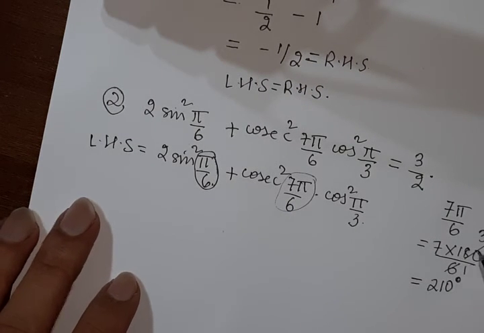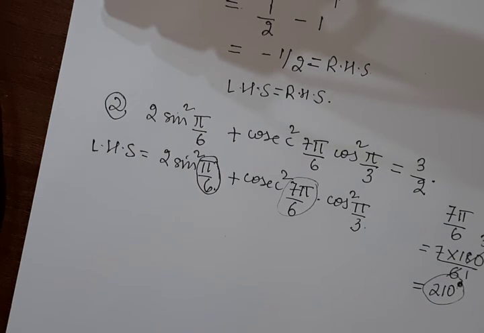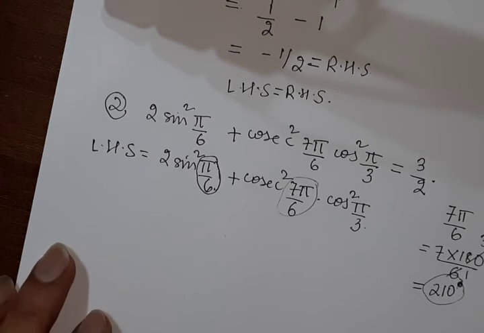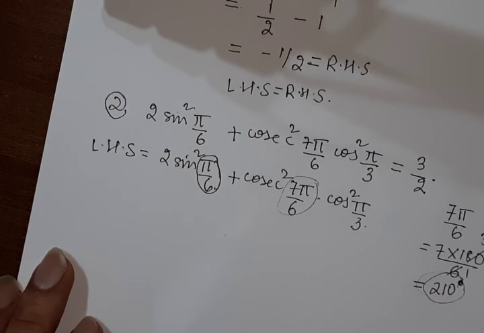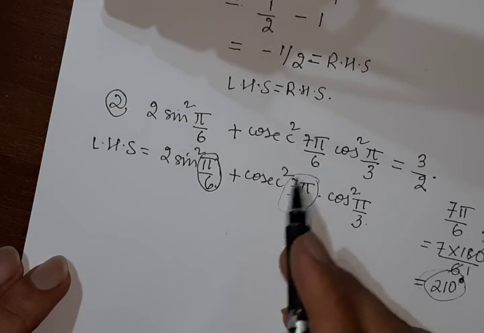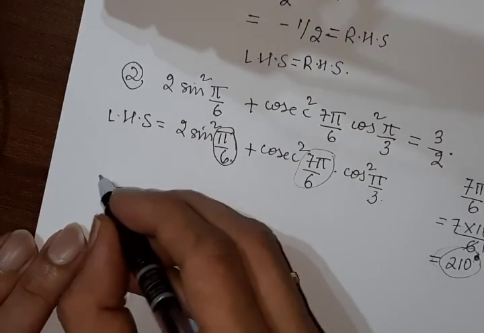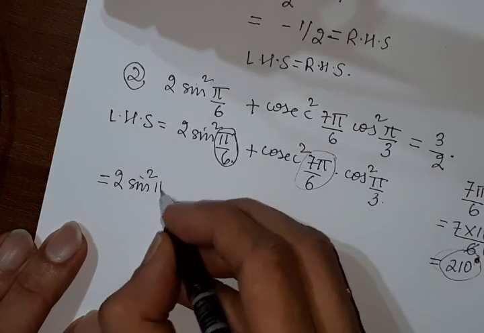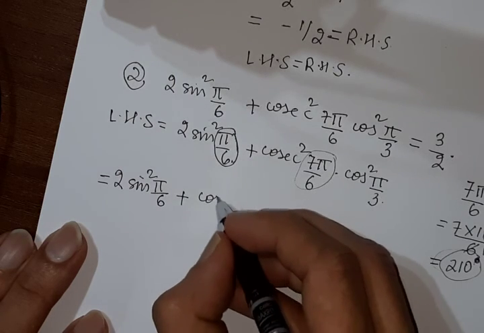Now you see that 210 you don't have in the table of trigonometry, where you find the values of sin and cos for different angles. So sin of 210 directly you don't know. So first we have to simplify this. Let us see how to simplify. Now what you have is 2 sin² π/6 plus cosec².